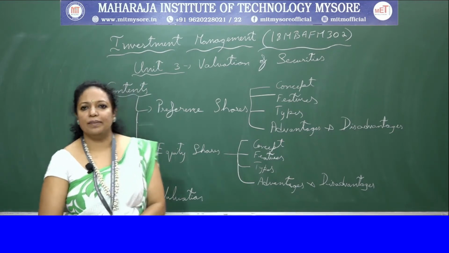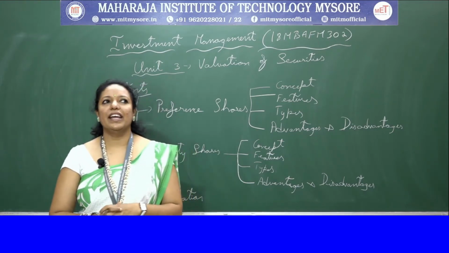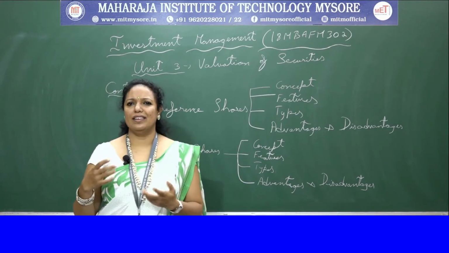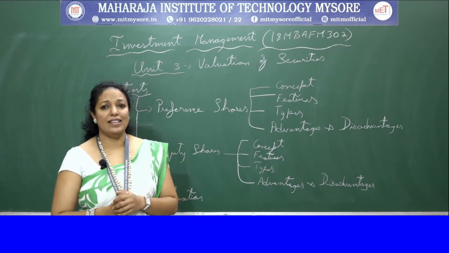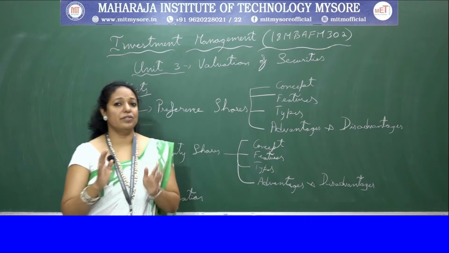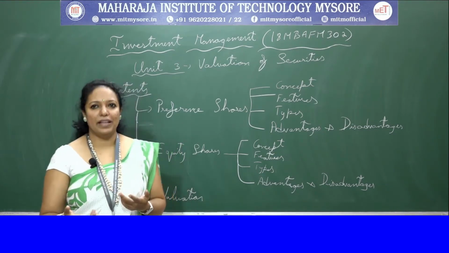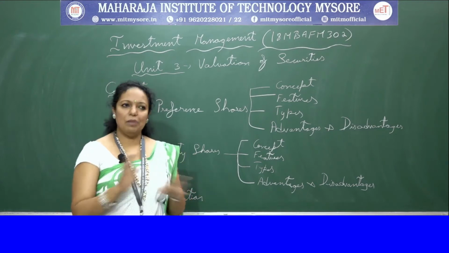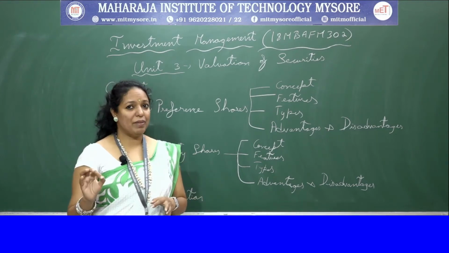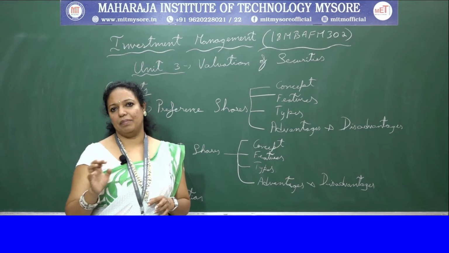Coming to the concept of equity shares, normally this is the main source of finance. Equity shareholders are treated as the owners of the company, and the shares are issued to the general public. They don't have any preference related to dividend payment and capital repayment.